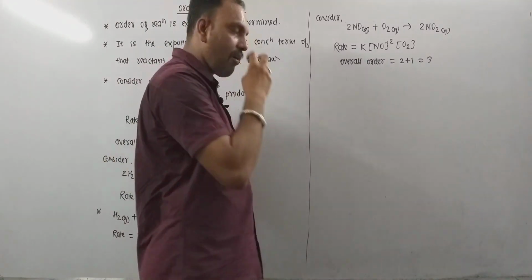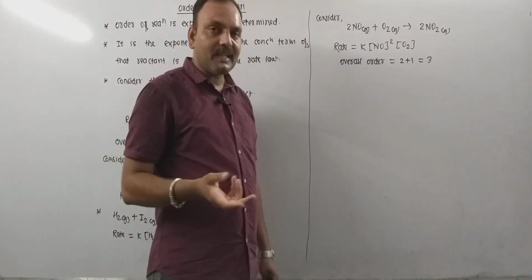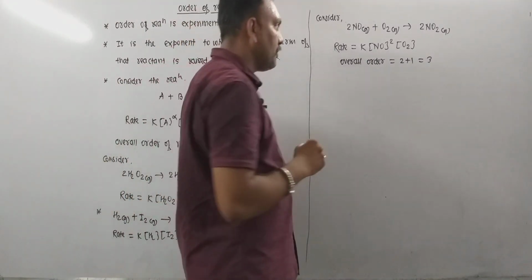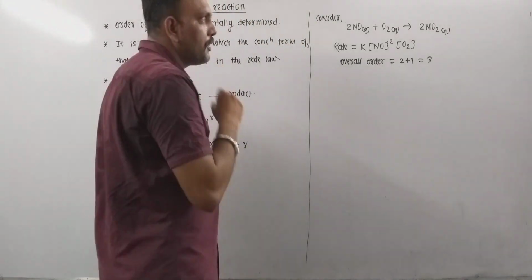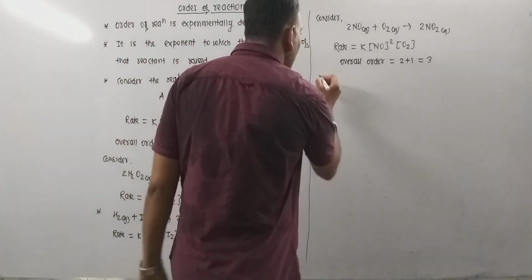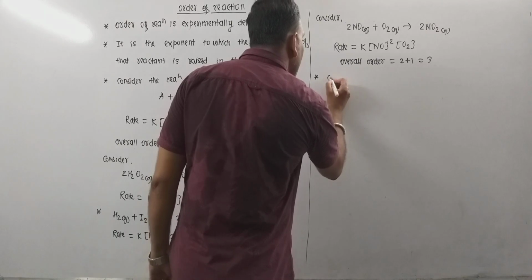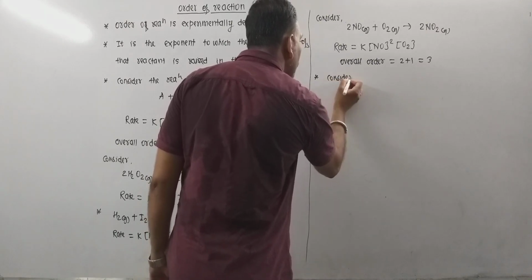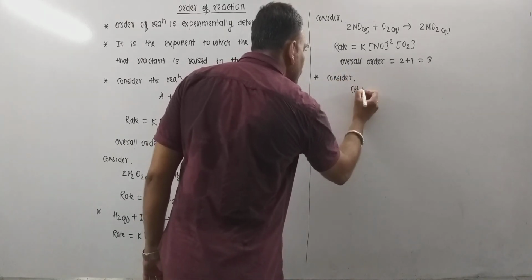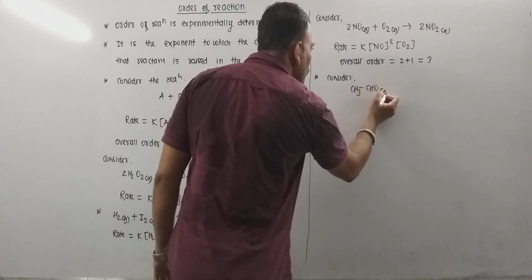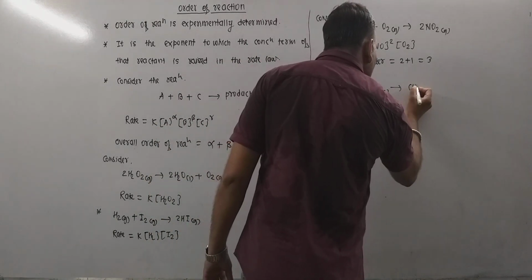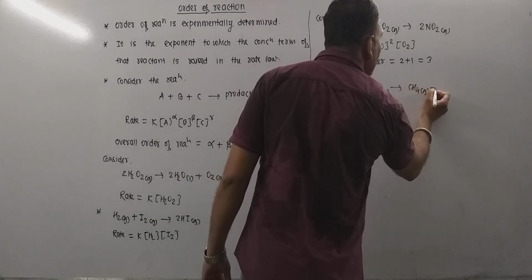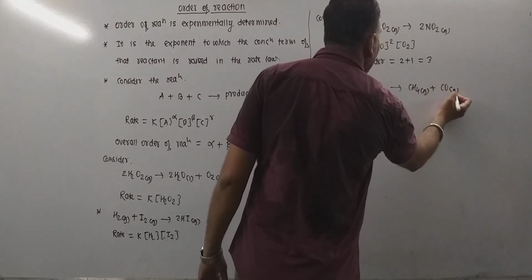Now remember, order can be fractional also, and order can be 0. Let's consider a few examples of that type. Consider the reaction CH3CHO gas gives CH4 gas plus CO gas.